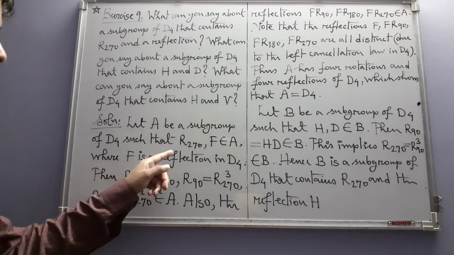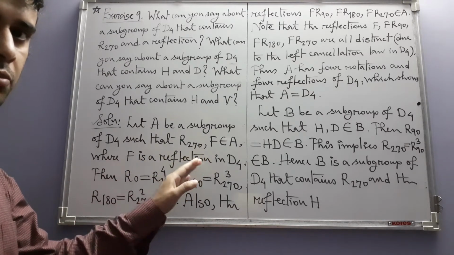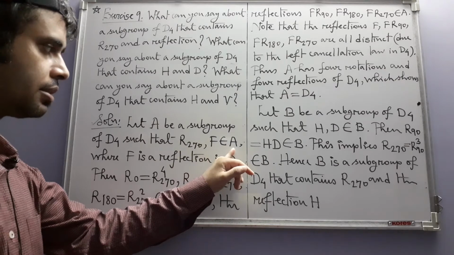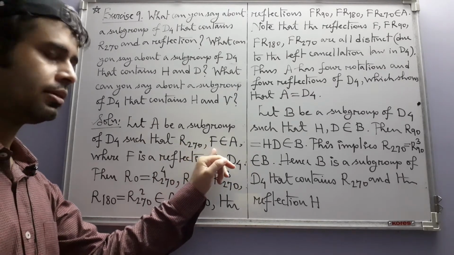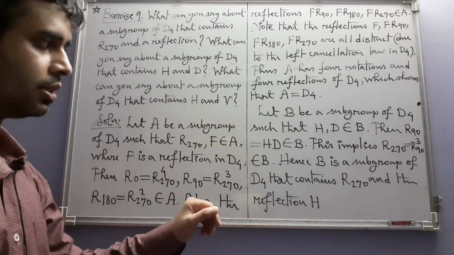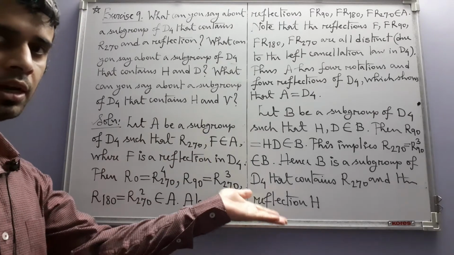And now you look at what we already did in the previous paragraph. If A is a subgroup that contains R270 and a reflection, then A has to be equal to D4. So that's the same thing we have here.